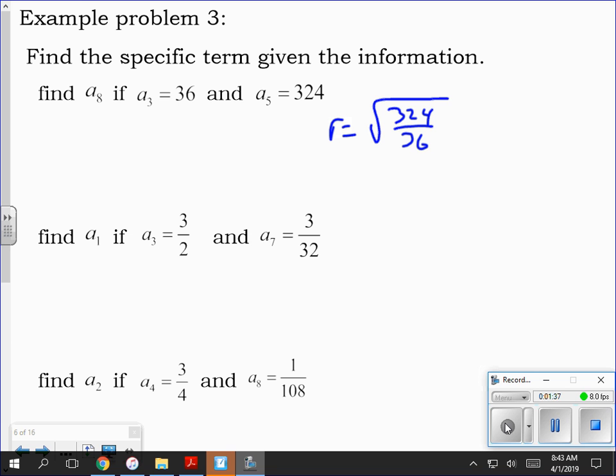To find out the root, I take 5 minus 3. 5 minus 3 is 2, so I'm doing the square roots. And you get 3. So R is 3.